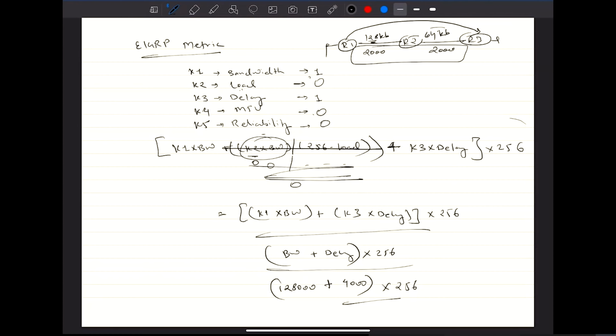It is always going to be the lowest bandwidth. So instead of 128,000, it's going to be 64,000. That's something you would need to consider.